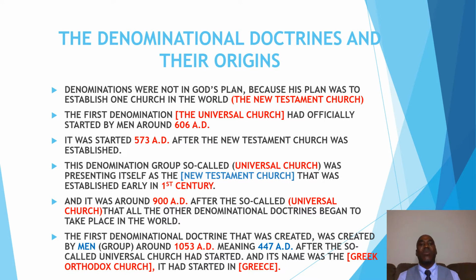The first denomination officially started around 606 AD, meaning 573 years after the New Testament church was established. And this can give you a better understanding concerning the New Testament church and the denominational doctrines.